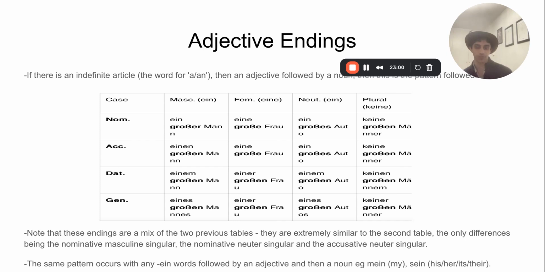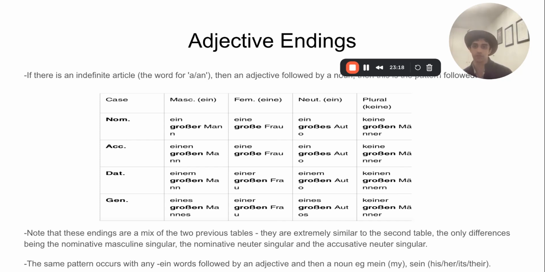The only exceptions with different endings, which are not E or en, are the nominative singular masculine, the nominative singular neuter, and the accusative singular neuter. Those are the only exceptions, actually.